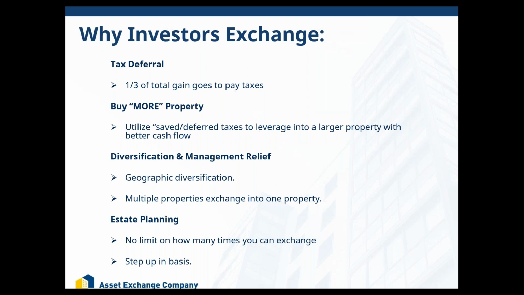It doesn't matter. What matters, I'll say it again, is that it must be real property that you're using in your trade or business or hold for investment, and you have to buy replacement property that you're using in your business or hold for investment. So geographic diversification is something that we see investors utilizing 1031 exchange for.